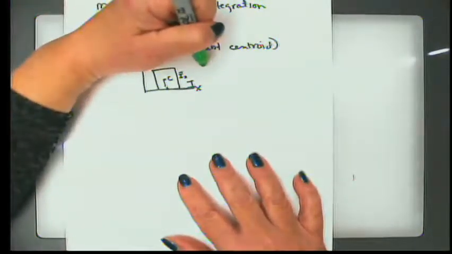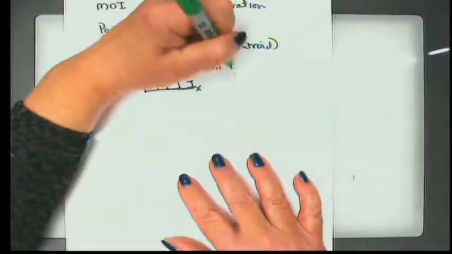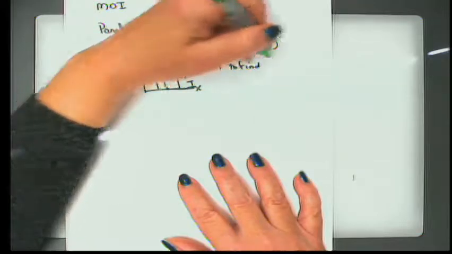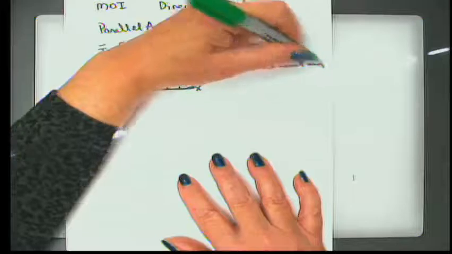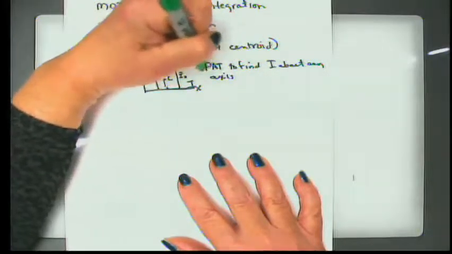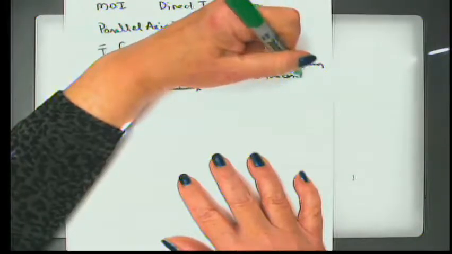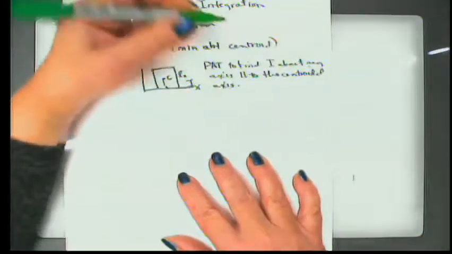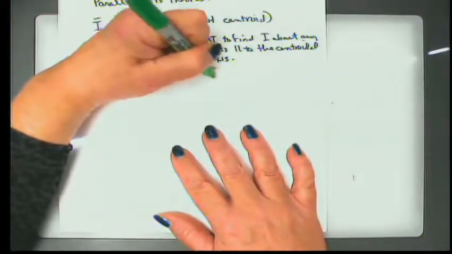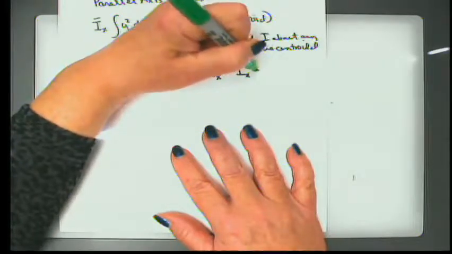Well, the answer is that you can use something called the parallel axis theorem to find I about any axis parallel to the centroidal axis. And what it looks like is this: I sub x is equal to I sub x bar plus A times d squared.